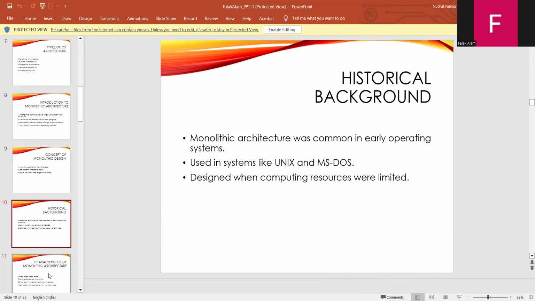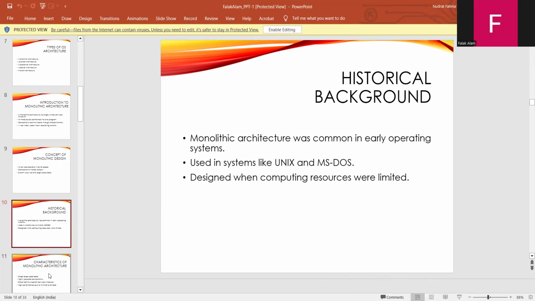During the 1960s and 1970s, computer systems had very limited memory, slow processors, and simple hardware devices. Because of these limitations, designers preferred simple and efficient system structures.